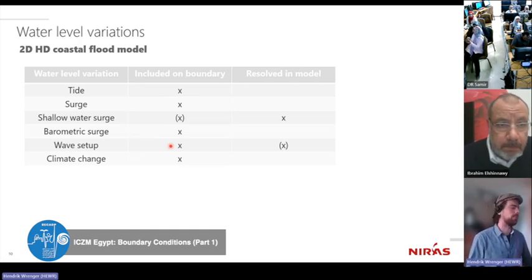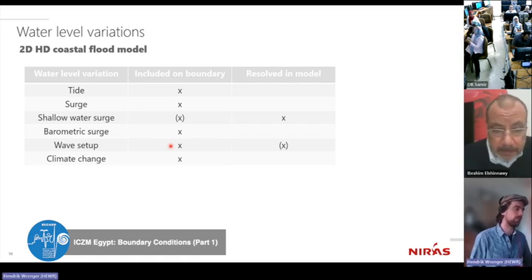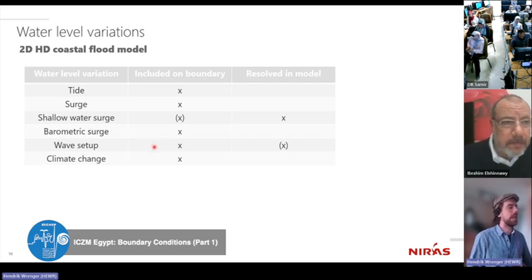Talking of the ICZM model, for the different water levels, a different associated wave height is found from joint probability analysis, and for these wave conditions, wave setup is pre-computed, and then for each case, that additional wave setup is added to the boundary, so it's constant across the domain.